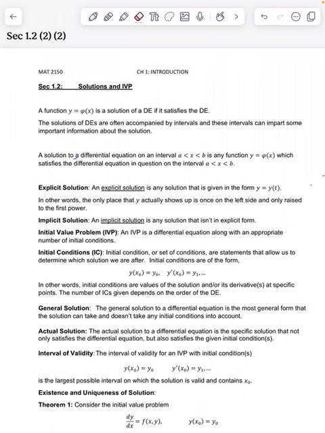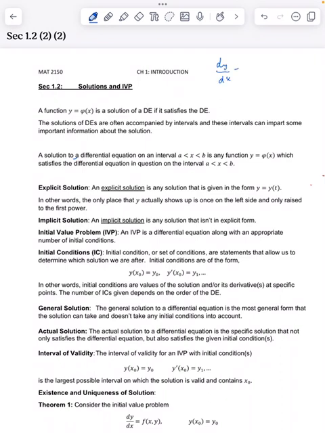So we say a function y is equal to phi of x. Now why do we say y is equal to phi of x? Well, why don't we just leave it like y? Well, the differential equation will probably be in y. It could be any variable, but let's say the dependent variable is y.